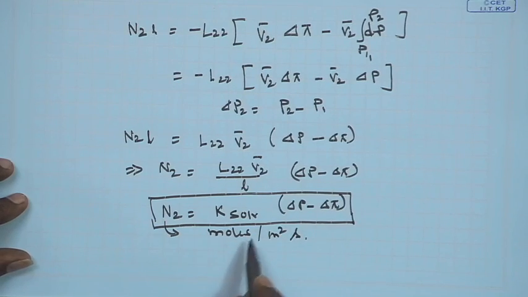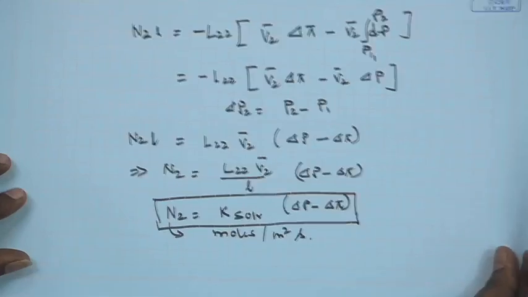Now, this can be converted into grams per meter square per second if we multiply it by the molecular weight, and then if we invoke the term of density, this flux can be written in terms of the volumetric flux.